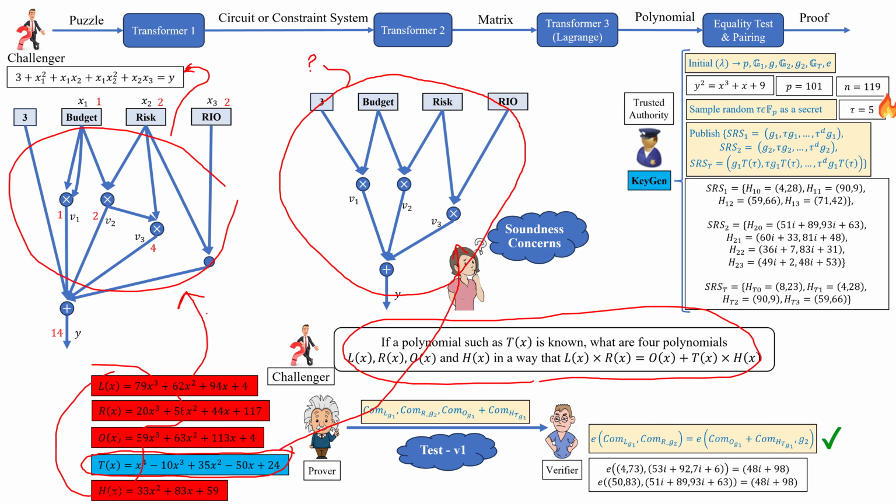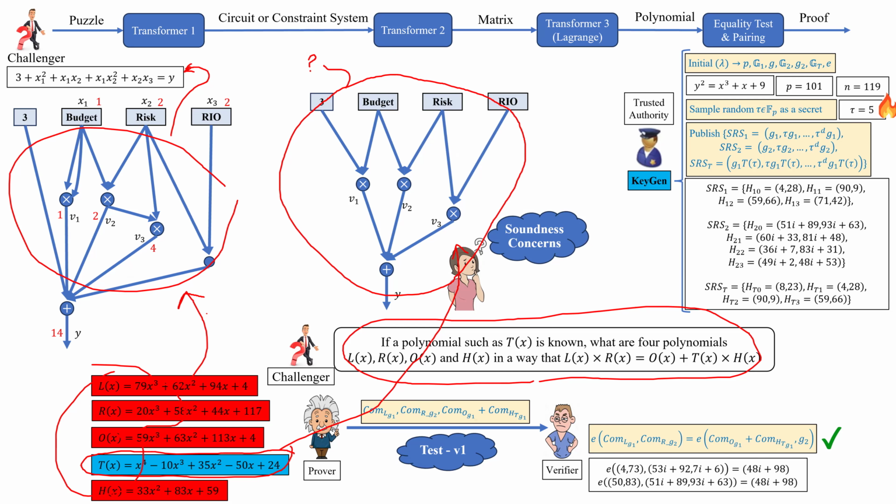This puzzle could have billions of answers, right? You can design so many polynomials that satisfy this equation. So that's the issue. The prover could convince the verifier that I know four polynomials, but the prover could not convince the verifier that these polynomials really follow the circuit.